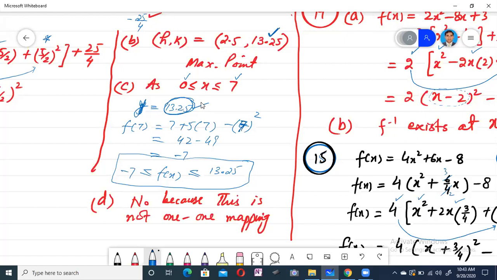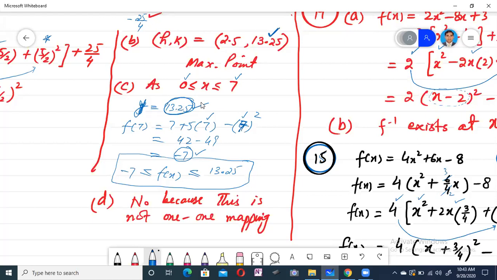At the place of x you can see here I'm substituting 7. Then simplify, you will get minus 7. It means the lowest value here is minus 7 and the highest value is 13.25. It means the range is minus 7 to 13.25. This is the range of this function.